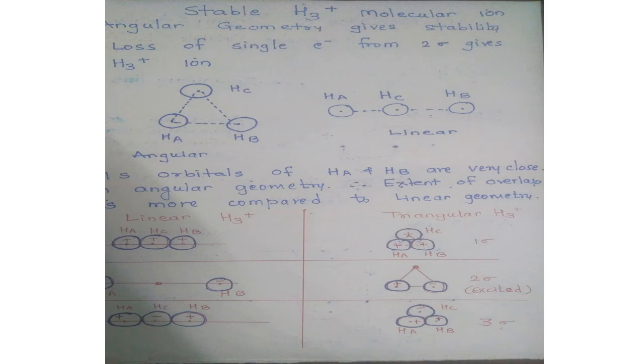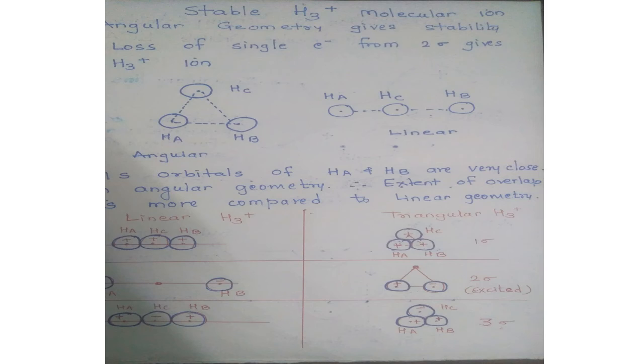In case of triangular geometry, there is a negative wave function carried by the central atom, but the two peripheral atoms which are carrying the same wave function are close to each other. Owing to the definition of bonding molecular orbital, when similar wave functions are close to each other, they will undergo addition.